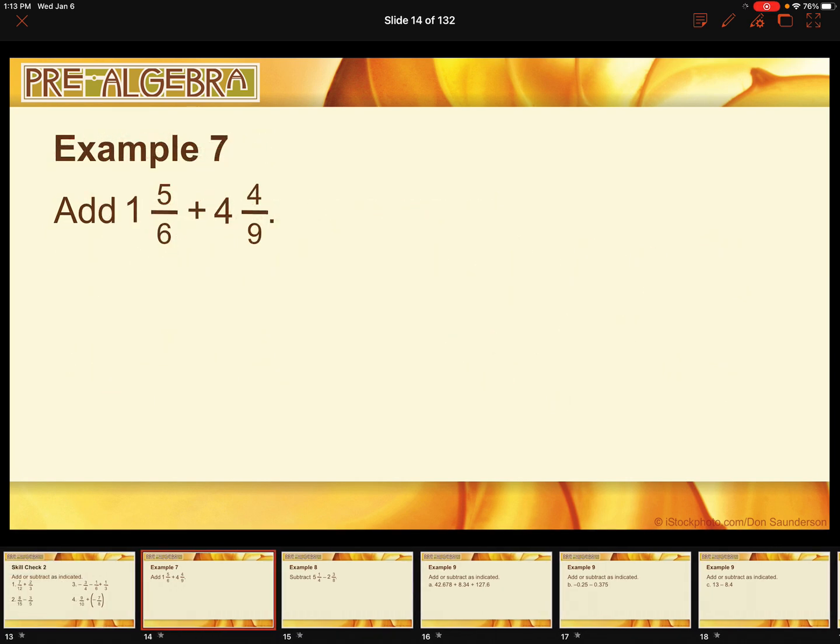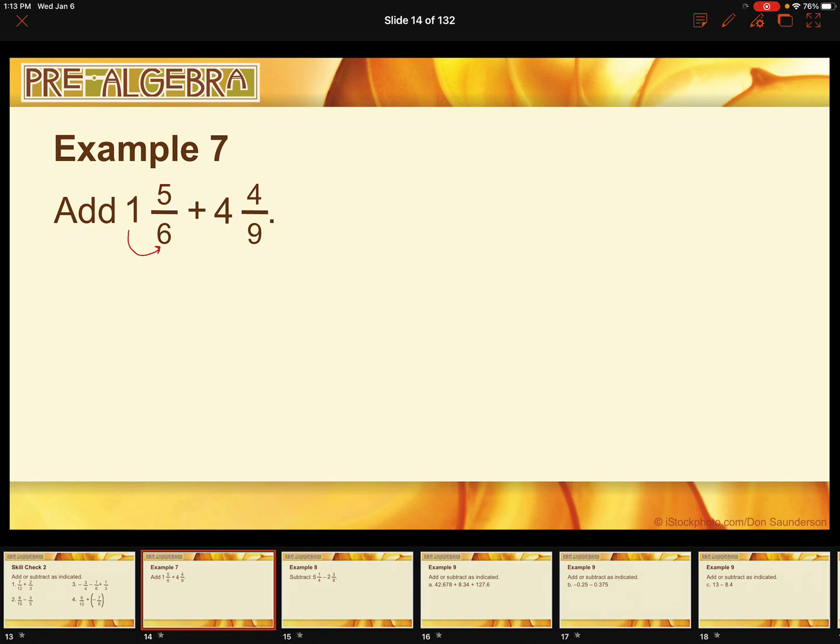Alright, so these ones, I have mixed numbers and they do not have common denominators. So you can do it one of the two ways that I showed you in the lesson opener. Let's start with the second way that I showed you.